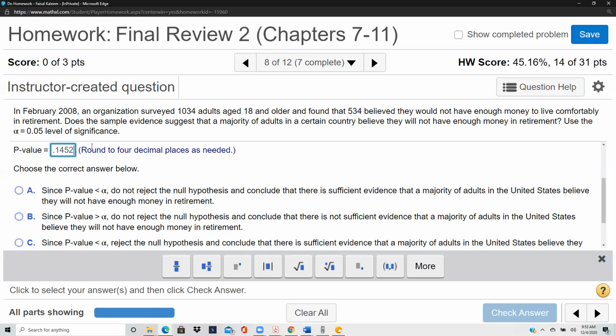Which one is greater? Okay, the p-value is greater. So we do not reject. The p-value is greater than alpha.